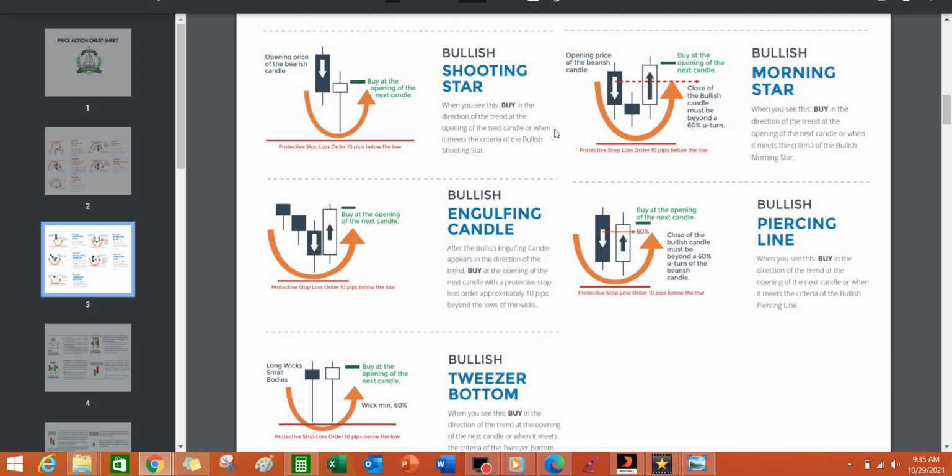The next thing we'll be looking at is the bullish morning star. This is how it usually occurs. Let's say we've been having bearish candles and the market had been on a downtrend, so many bearish candles have been created till it got to this level.